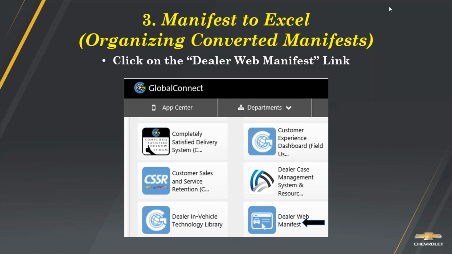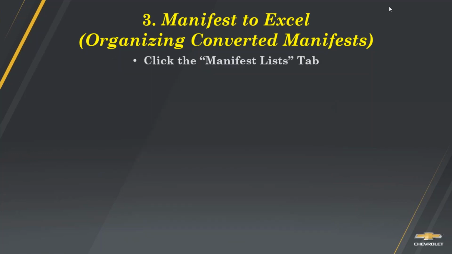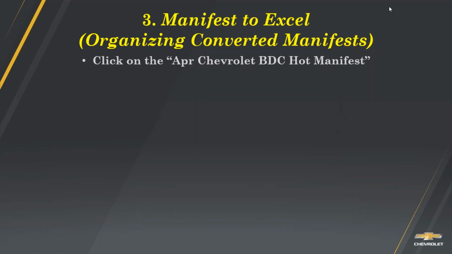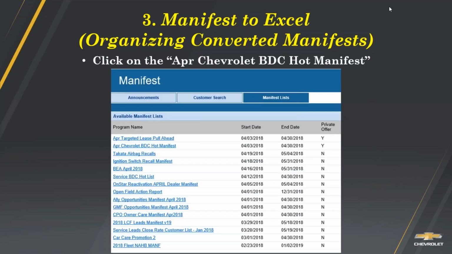It just happens to be housed under Sales. And then you'll click that Manifest List tab, and that will get you inside where you need to be. And just for this demo, we'll click on the April Chevrolet BDC Hot Manifest. Let's kind of roll through that on how we can manipulate that. Now, obviously, you're not setting it up from scratch. You're just going to export it, but then you have to manipulate the data.